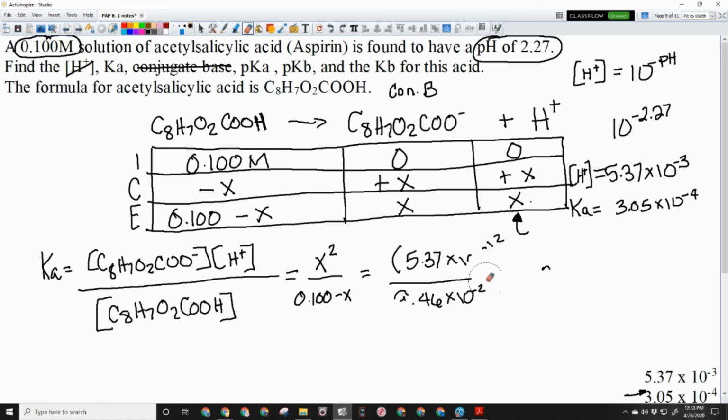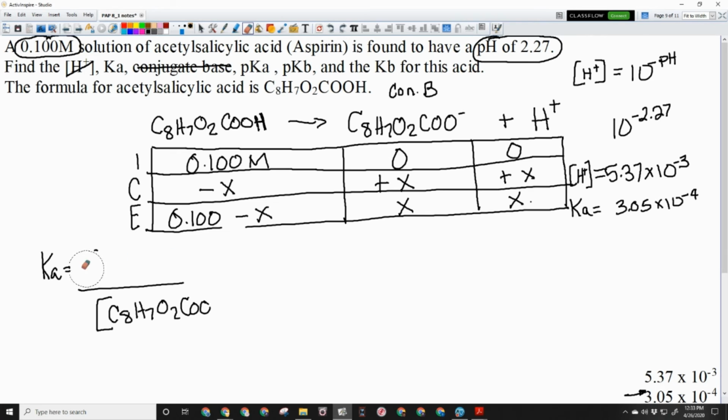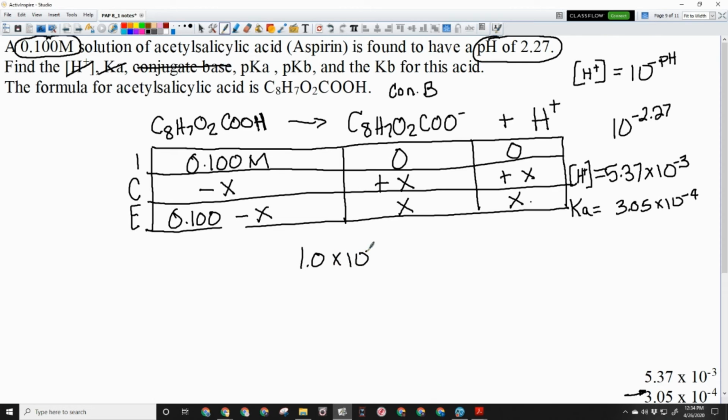So let's erase all this so that we can have room for calculations of the other things. Going back to what we previously talked about, if I have the Ka, I can now calculate the Kb, because 1.0 times 10 to the negative 14th divided by our Ka, 3.05 times 10 to the negative 4th, is going to give us our Kb.